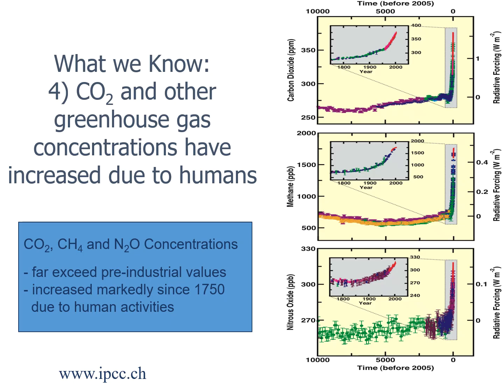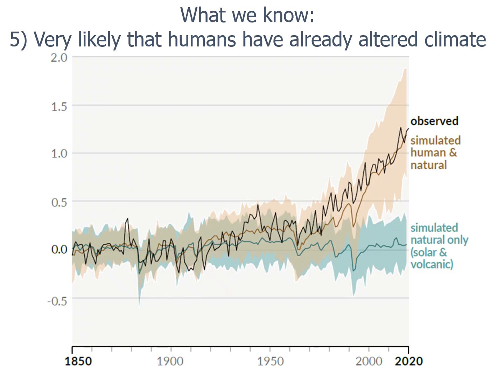Okay, so these graphs are the ones that I showed before from the International Panel on Climate Change. So CO2, methane, and nitrous oxides have far exceeded the pre-industrial values, and they increased markedly since 1750 due to human activities.